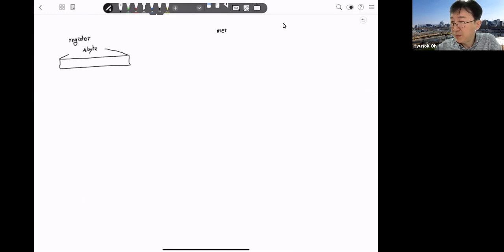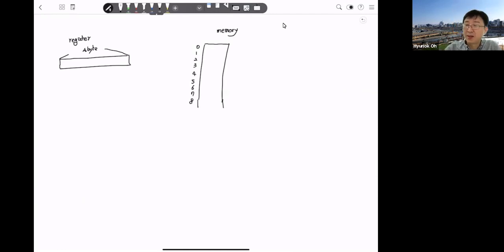In memory, there are addresses 0, 1, 2, 3, 4, 5, 6, 7, 8, right? And the register is divided into 4 bytes.